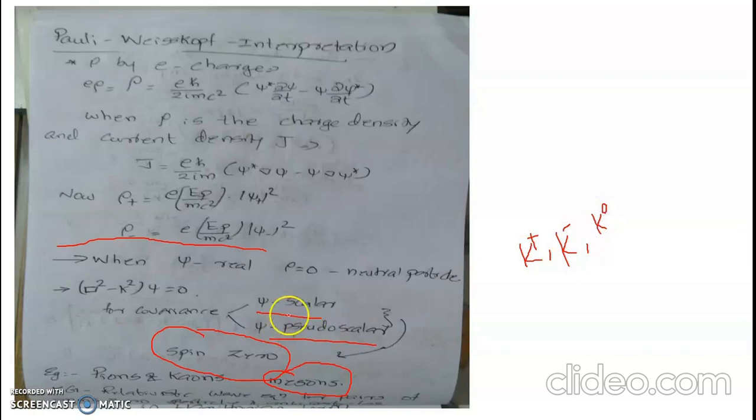They always satisfy a scalar or pseudo-scalar wave function, and are found to be the particles that obey the Klein-Gordon equation as the relativistic wave equation. So we conclude the KG equation is the relativistic equation satisfied by spin 0 particles having negative intrinsic parity. This arises from the property of their wave function, and having either positive or negative or neutral charges. Examples of Klein-Gordon particles are pions and kaons, which are mesons.